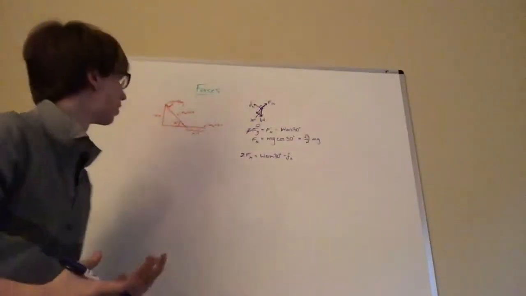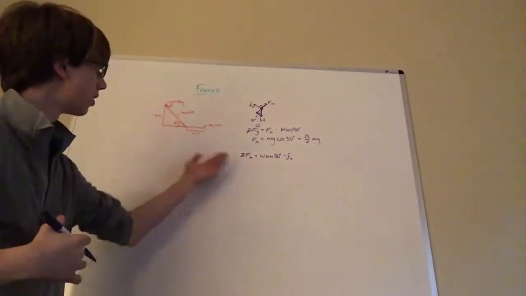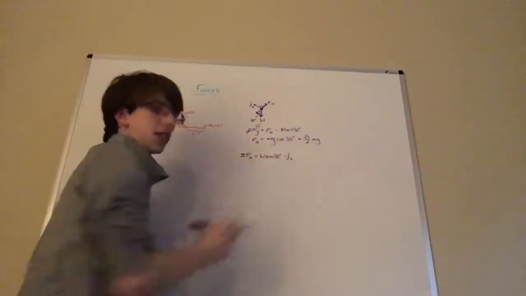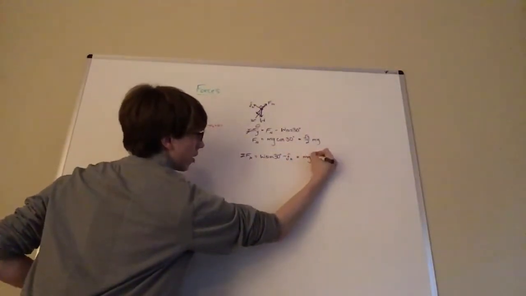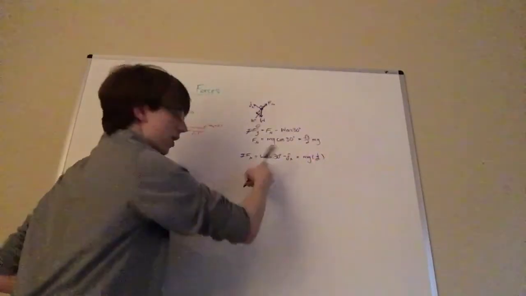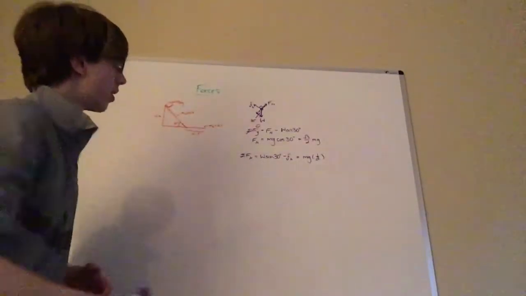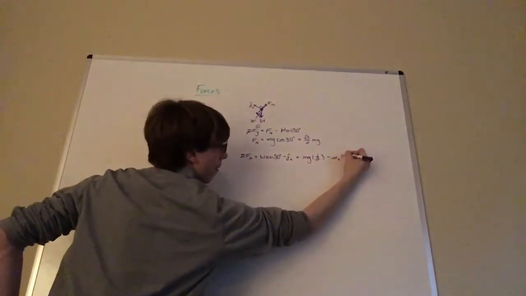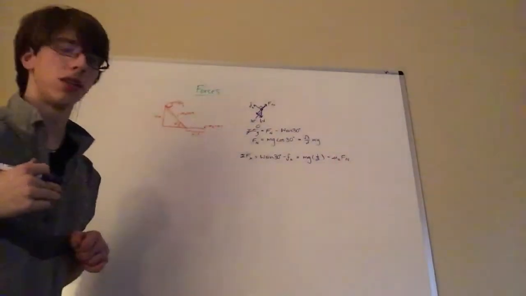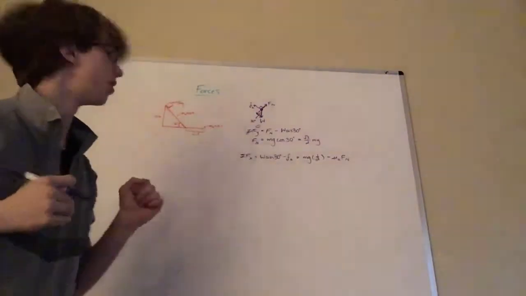Now all we need to do is just replace some of the variables. So this is really equal to mg times 1/2, because sine of 30 degrees is 1/2, minus mu k times the normal force, which is the definition of kinetic friction.